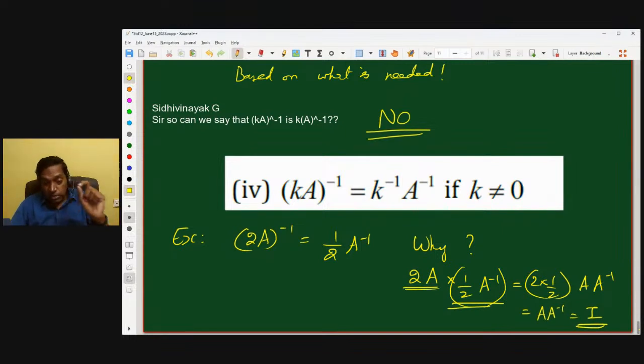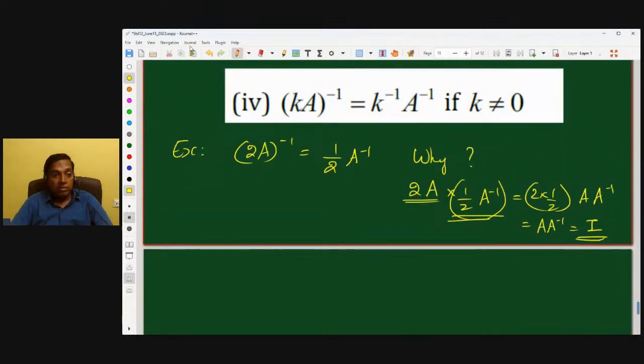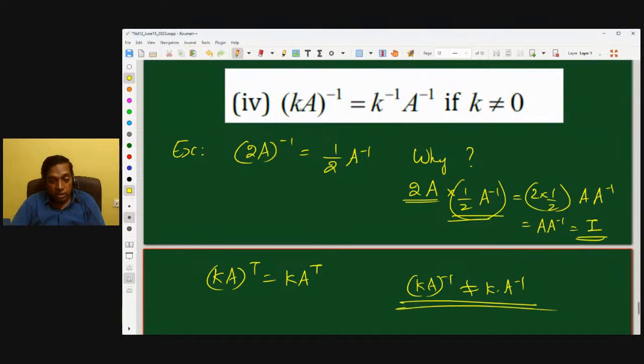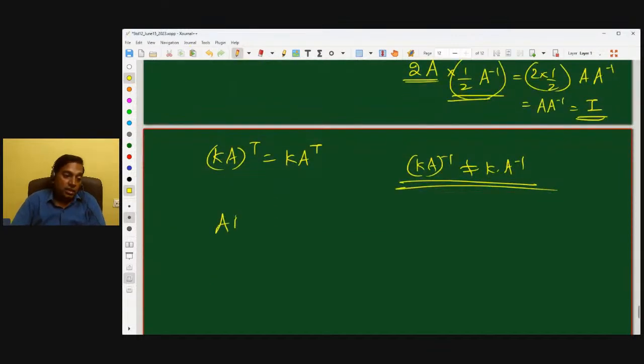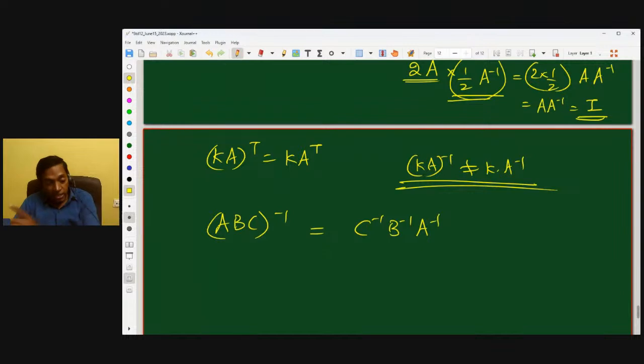See, inverse with multiplication is not that trivial. Please note, inverse of Ka is not K times A inverse. Transpose of Ka is K times A transpose because K is a scalar. But Ka whole inverse is not equal to K times A inverse. By the way, ABC whole inverse is C inverse, B inverse, A inverse. Everything gets reversed. Same thing happens with transpose.